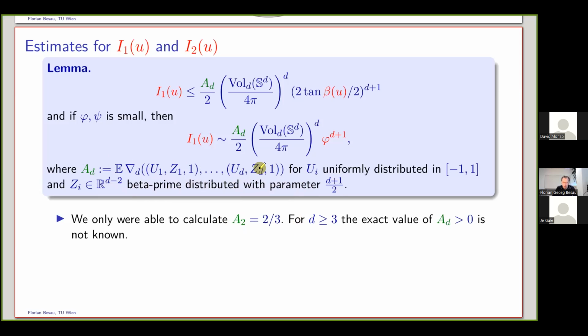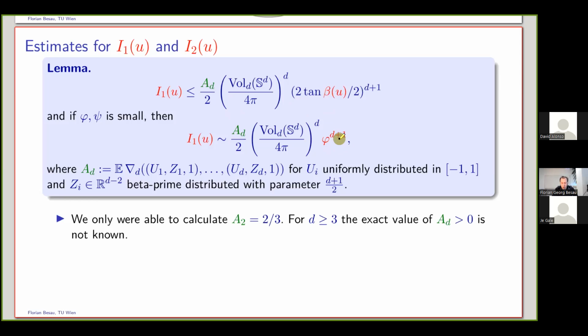So there are some integrals that we cannot evaluate at the moment. However, if phi and psi are small, then also the angle beta of our wedge is small, and then we have more precise information. So then this upper bound is essentially sharp, and this is basically controlled by phi to the power d plus 1 asymptotically.